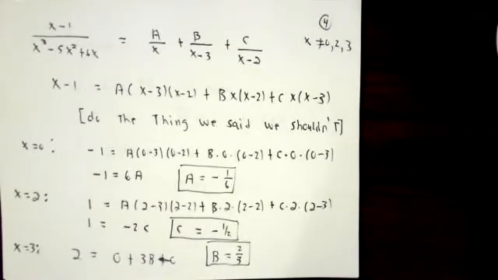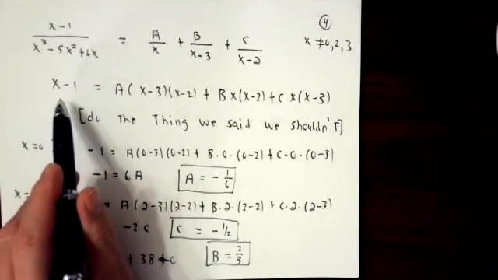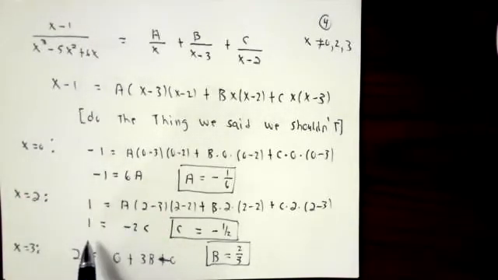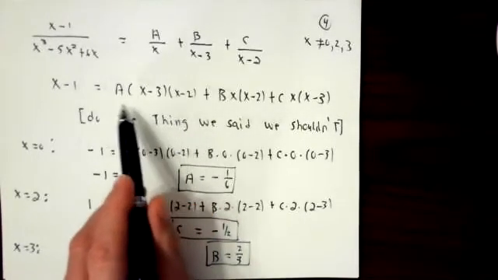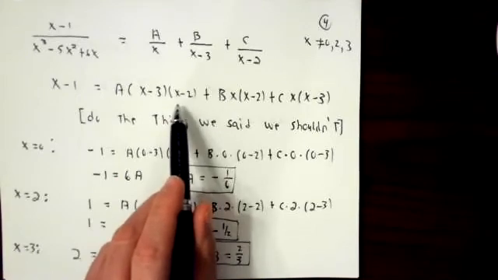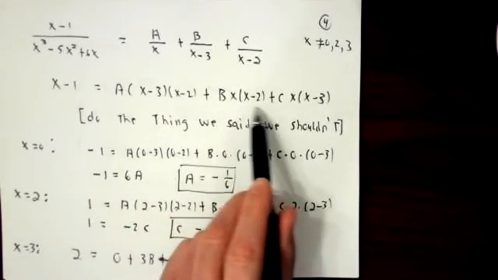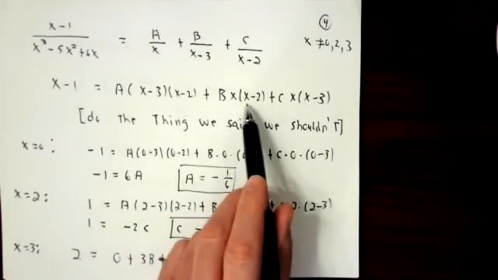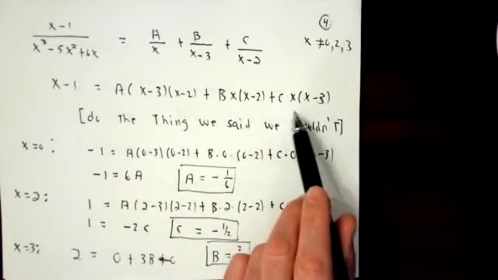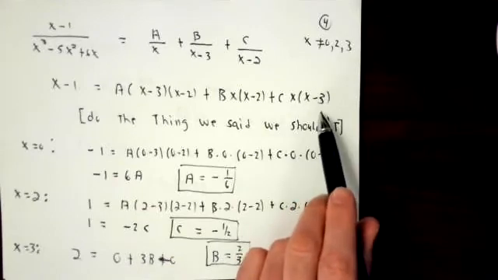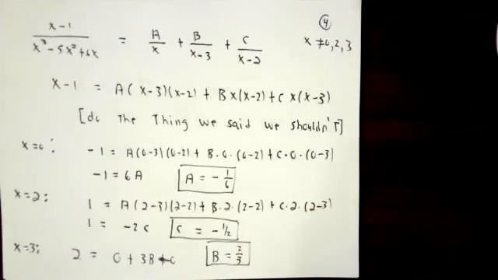If you take x equal 2 and put it into this formula, 2 minus 1 is 1. If x is 2, this term is 0 because of the 2 minus 2. This term is 0 because of the 2 minus 2. And all you have left is c times 2 times -1.